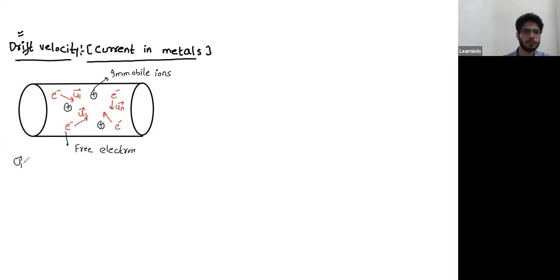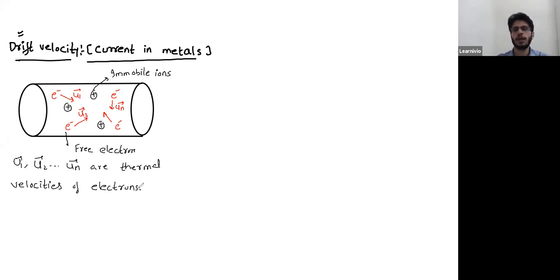So U1, U2, UN are thermal velocities of electrons. These are the velocities of electrons due to heat energy.